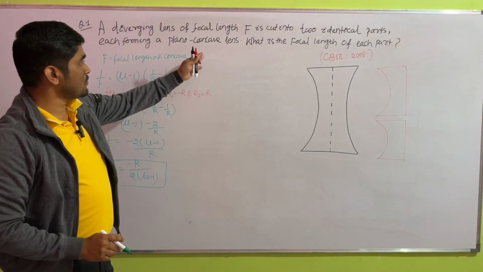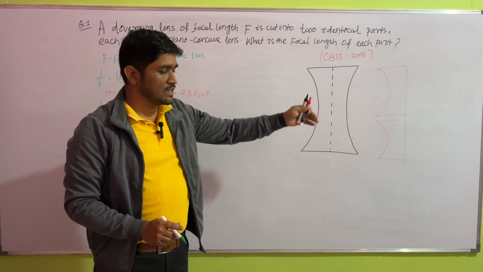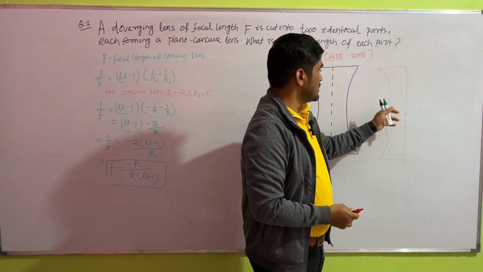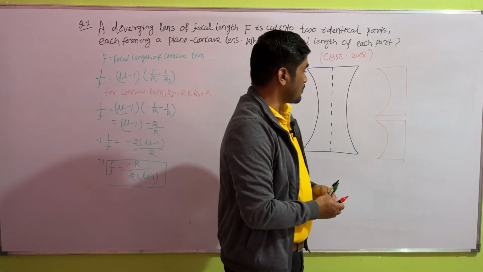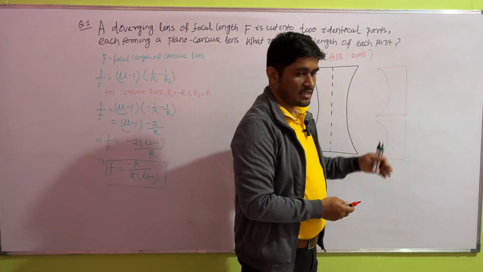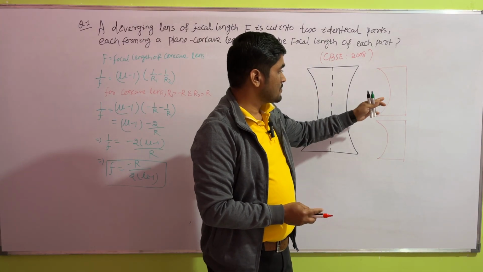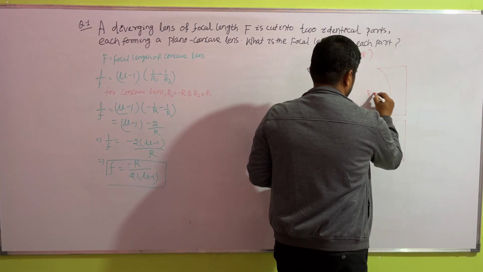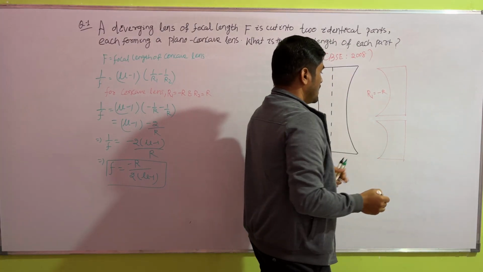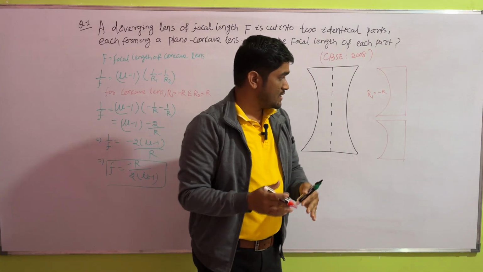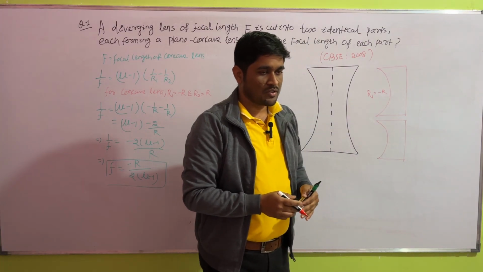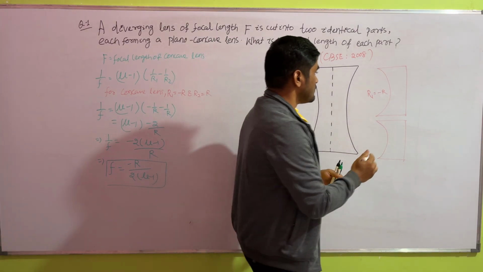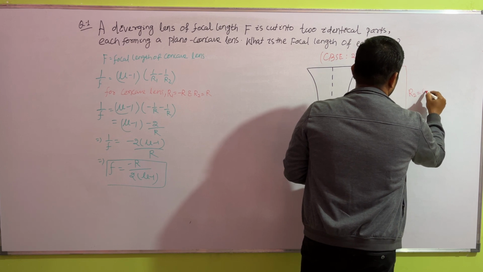Then the concave lens is cut into two equal parts. When it is cut into two equal parts, you get two plano concave lenses, and you know for this surface the radius of curvature will be negative. That means r1 will be equal to minus r, and for this surface, as it is a plane surface, the radius of curvature is infinity, so r2 will be infinity.